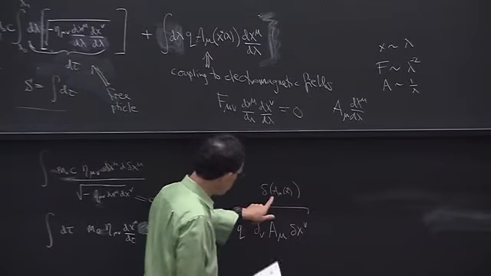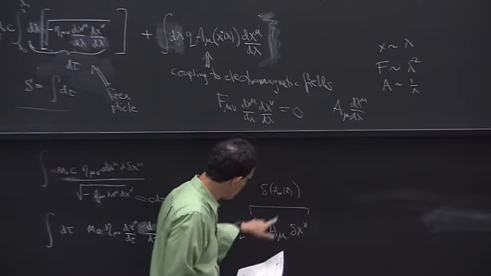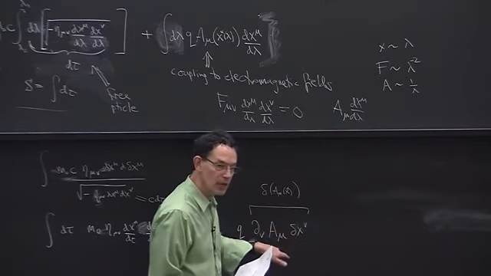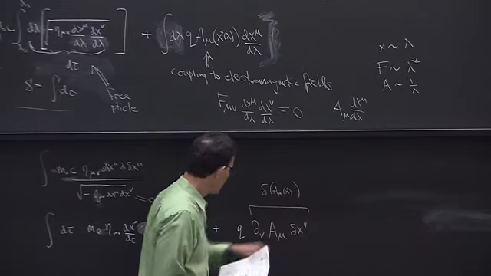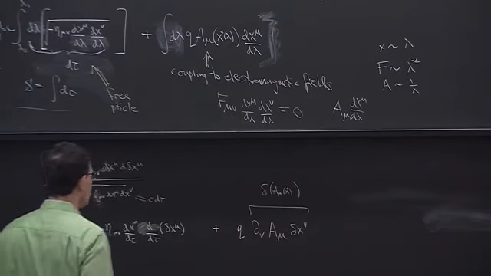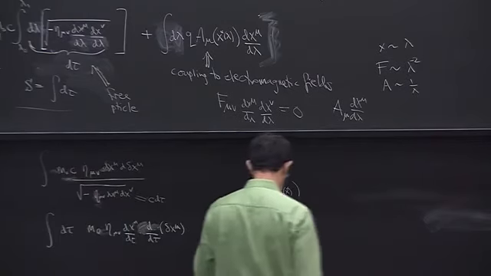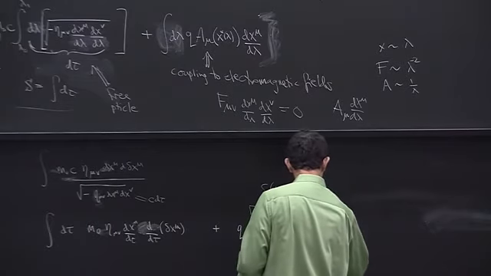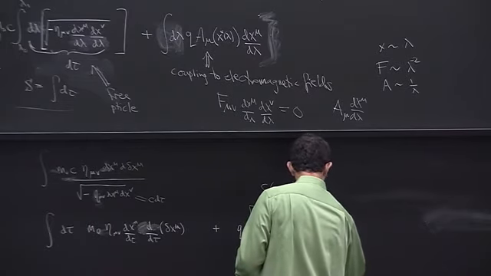Right, so I differentiate it with respect to each argument, and then I multiply by the variation in the argument. Okay? So that's the first term, and this one is multiplied by dx mu d tau.